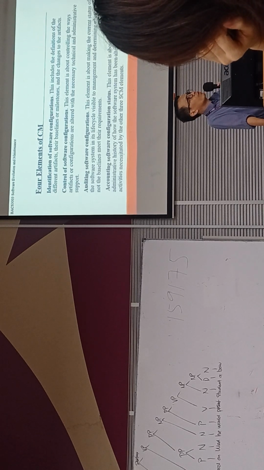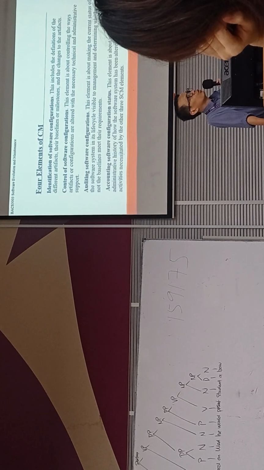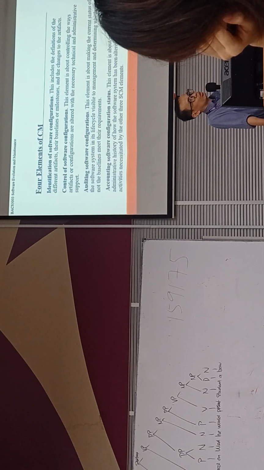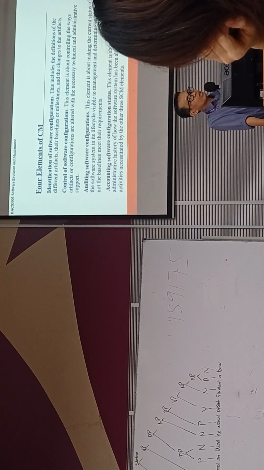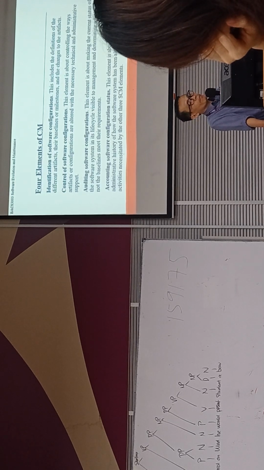Control the software configuration means that you need to monitor and control how the configuration is changed. How to determine whether one change is considered as a next version, or maybe just an update only. So you have to determine it.